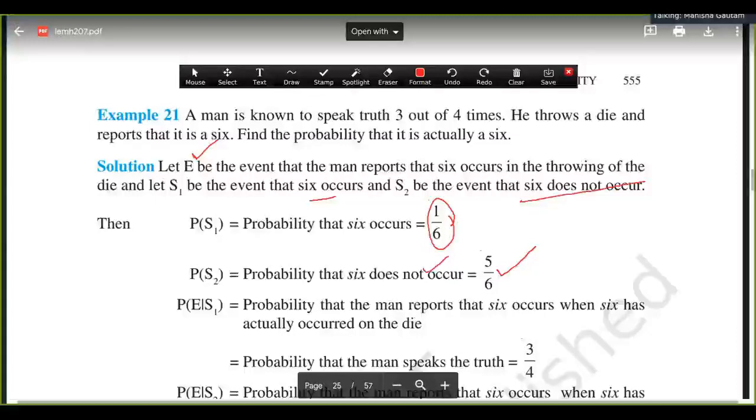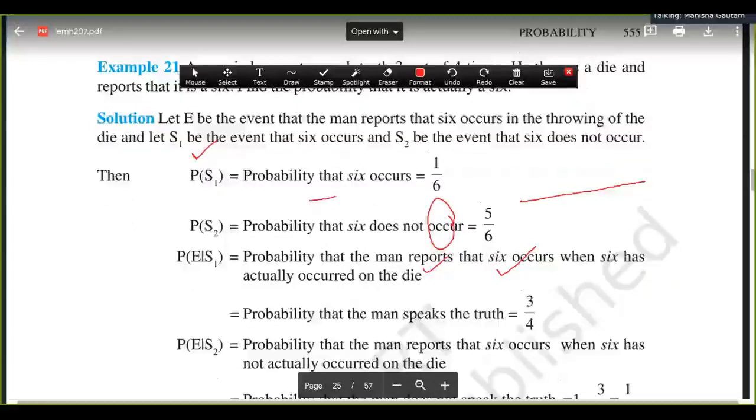Now, E means he reports 6 comes, and 6 comes actually. Or he reports 6 comes, but 6 doesn't come. He reports 6 is there and the experiment also shows 6 is there.